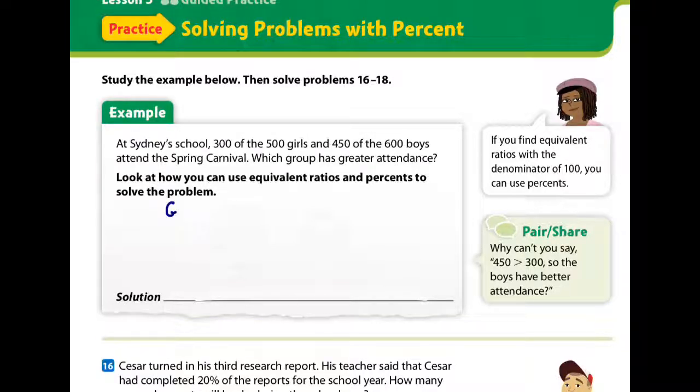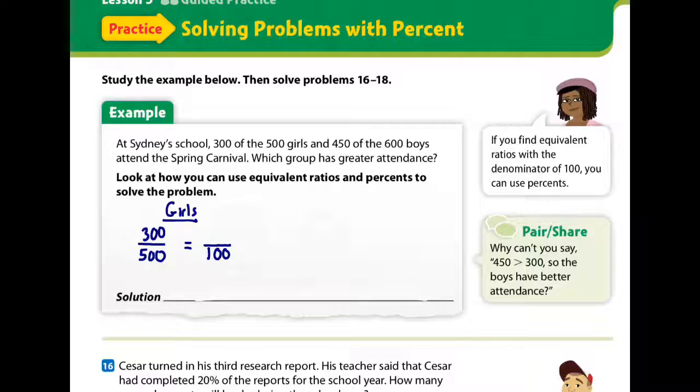So I'll label that right here. So the girls, we have 300 of the 500 girls attended. And we need to figure out basically how many that is out of 100, because remember, percent means out of 100.